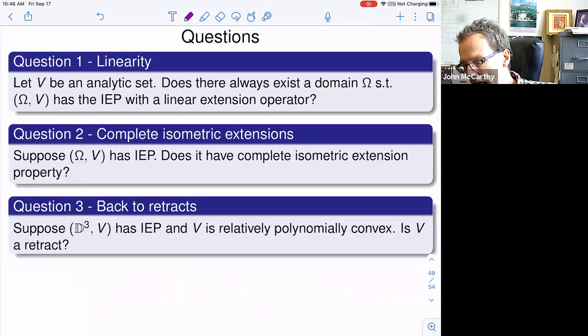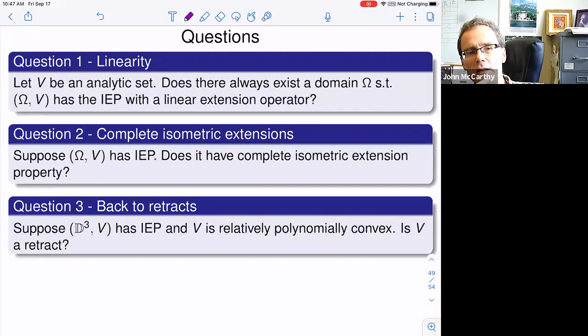And then I can't completely get retracts out of my mind. Suppose we come back to the tri-disk. Suppose I have some set V inside the tri-disk that has the isometric extension property, and V is relatively polynomially convex.